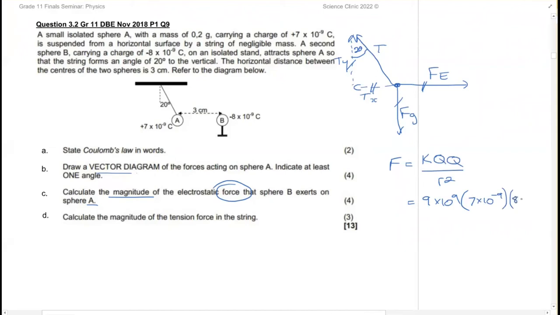I'm going to leave that minus off, so 8 times 10 to the minus 9. And our distance is 3 centimeters. That gives us 0.03 meters. Remember to do that conversion. And that's going to give you a force of 5.6 times 10 to the negative 4 newtons. They just want magnitude, so we're just going to leave it like that. We're not going to put a direction.